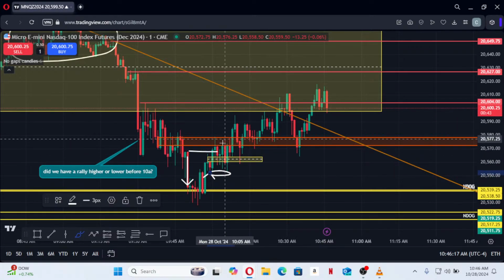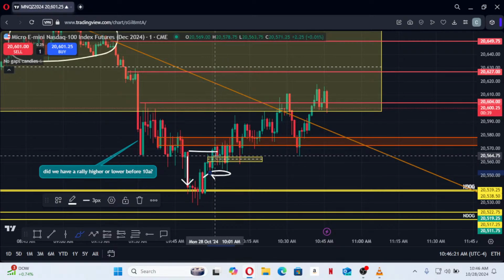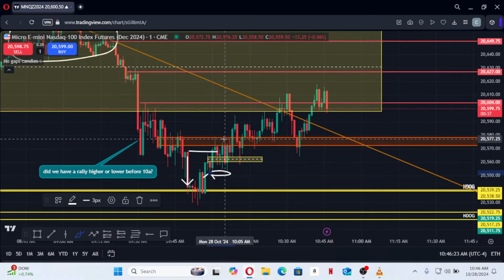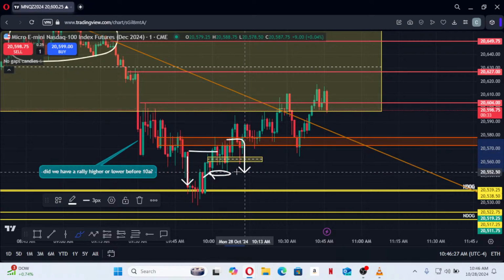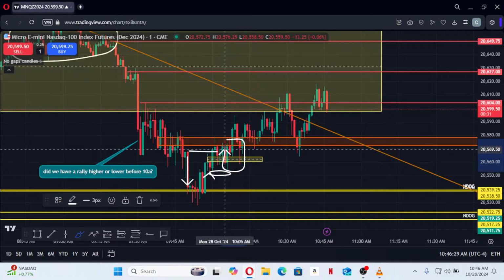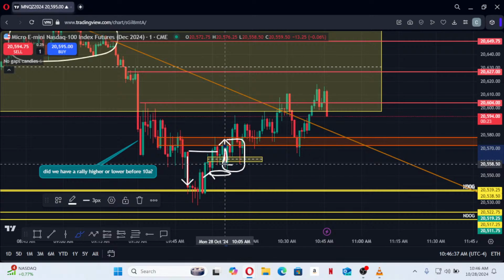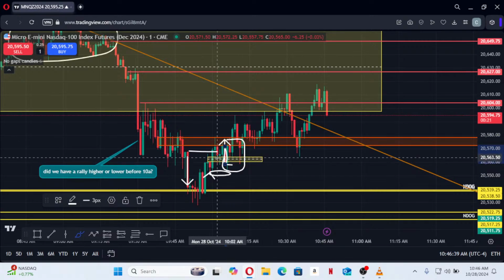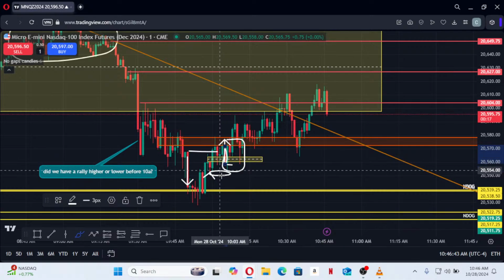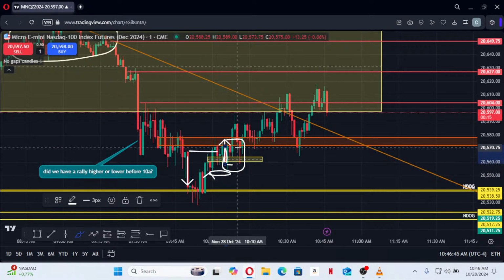But we close here below, so you could have waited here for another entry since this candle closed below it. This candle's high, low, but this is overall low.